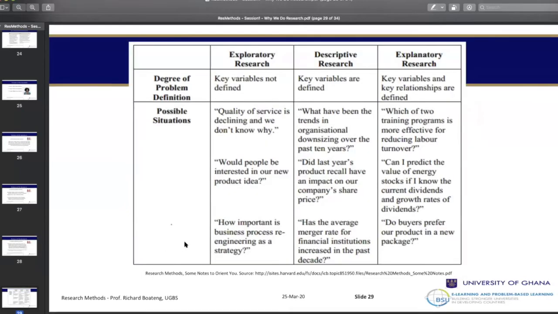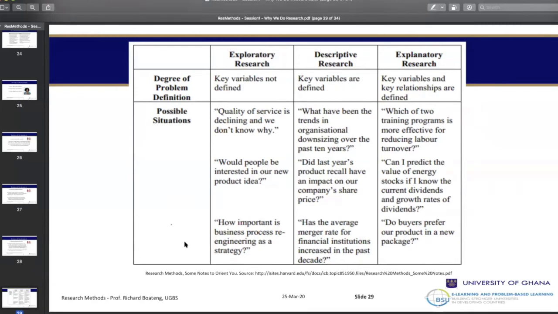In exploratory studies, the degree of the problem is described as the variables are not defined. So we are trying to understand what variables are pertaining here. Then in descriptive research, the variables are defined. So we want to describe those variables and get an in-depth understanding of those variables.